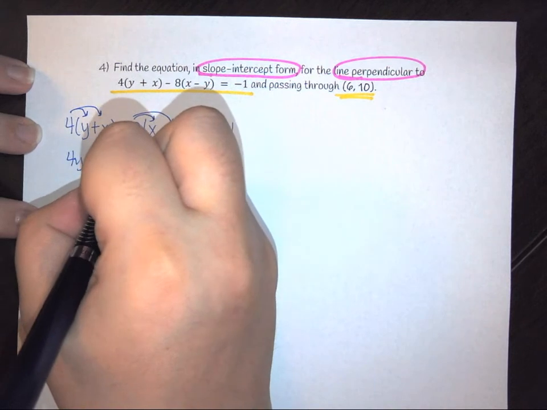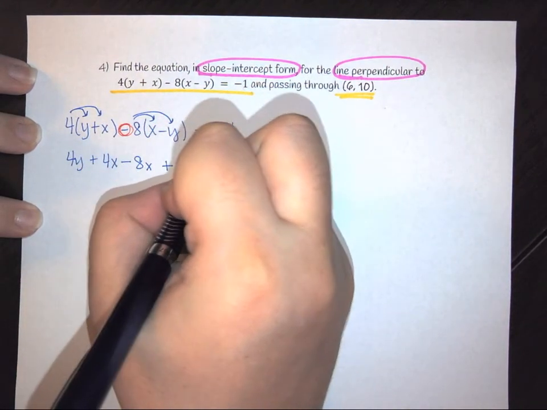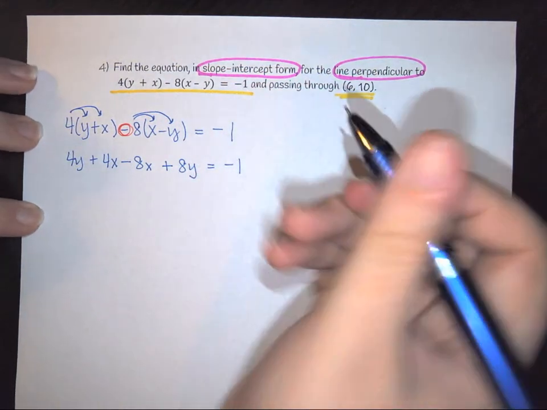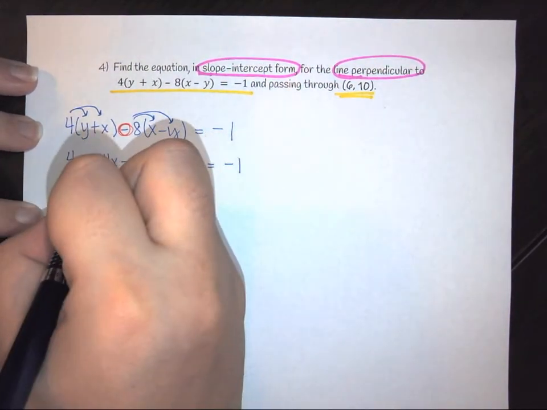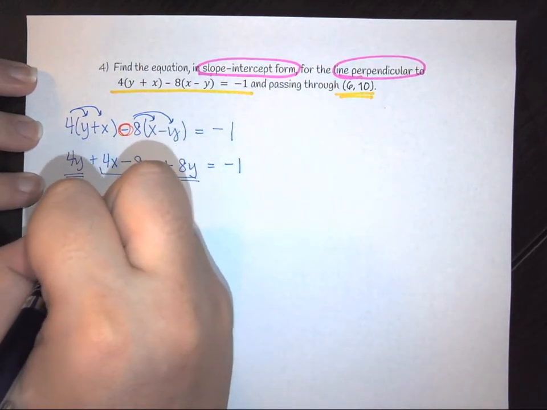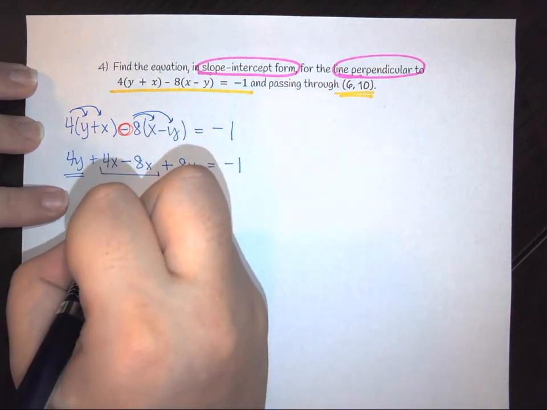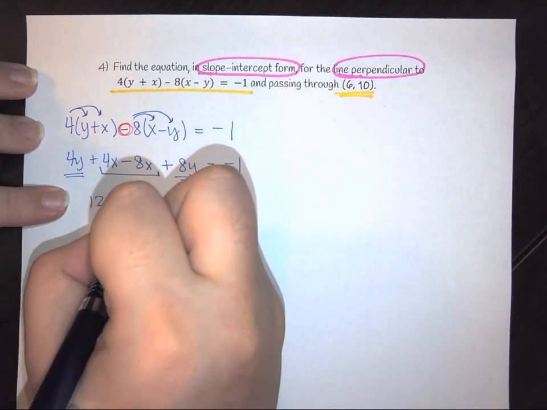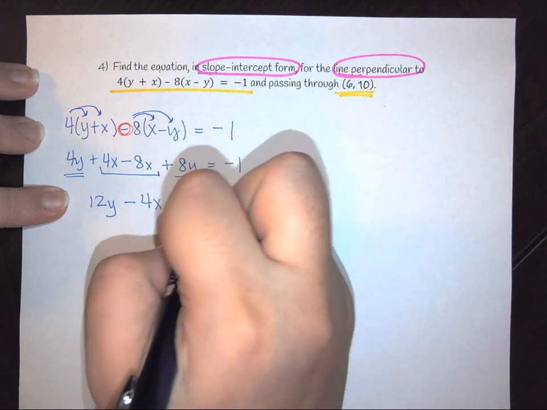So this becomes a minus 8x plus 8y equals negative 1. I'm going to combine my terms together. So I have 8 plus 4 gives me a 12y. 4 minus 8 gives me a negative 4x. And this is equal to a negative 1.